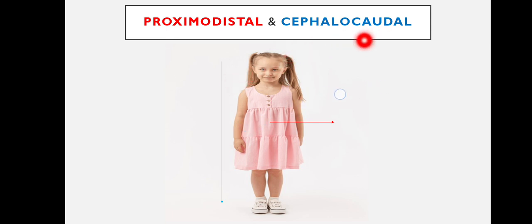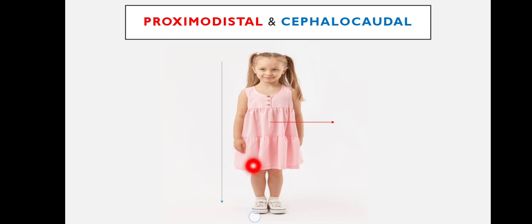Cephalocaudal. What are you going to notice? You are going to notice that the child starts controlling their head, then they start opening their eyes. After opening their eyes, they will start moving their hands. With their hands, maybe they will start grabbing some things. They will grab a pen, they will touch this and this.